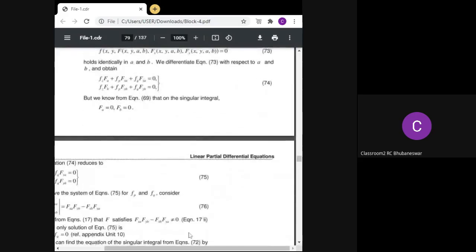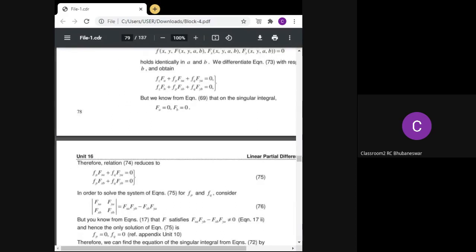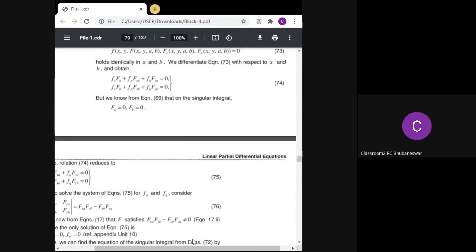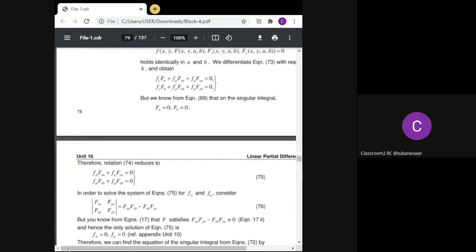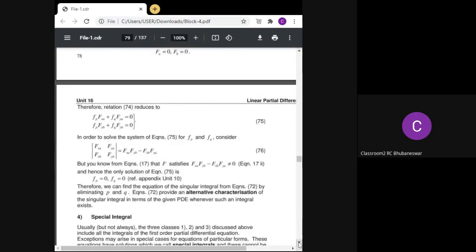So we have discussed the classification of integrals in partial differential equations: first the complete integral, then the general integral, then the particular integral, and finally the singular integral of the partial differential equation of first order.